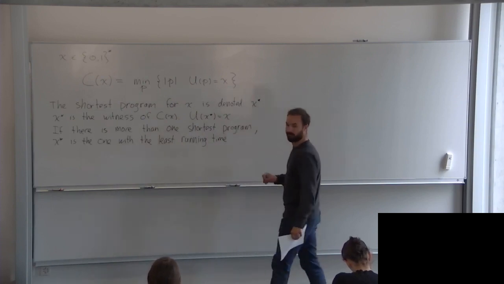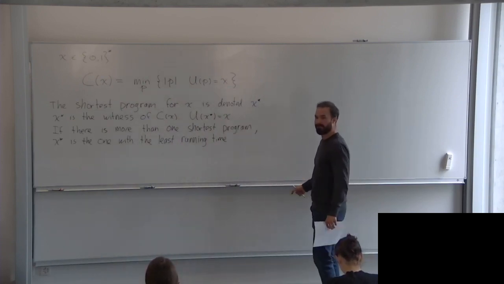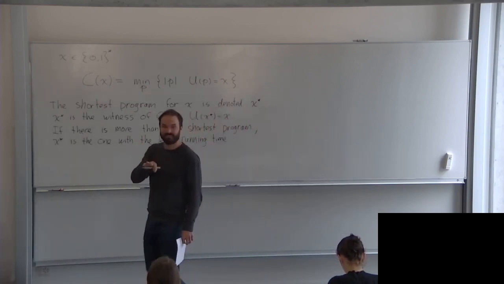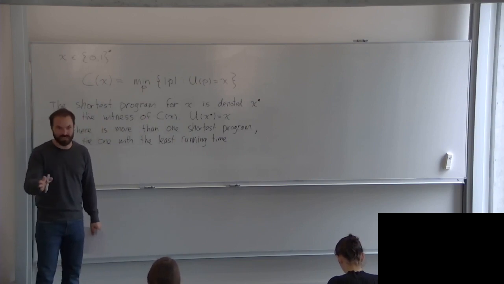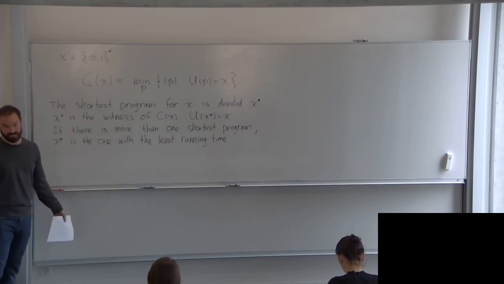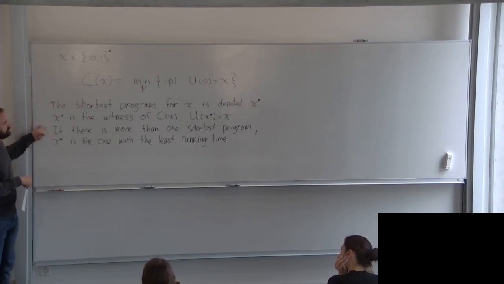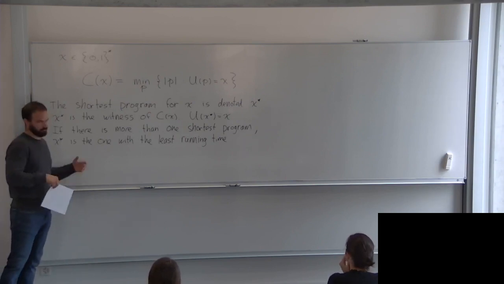So U of x star halts in the fewest number of steps. We could halt in the same number of steps as well. If that's the case, then I will take x star to be the first in lexicographical order. This will be my last resort. I cannot yet give the reason why, but take it for now that we need one way of defining x star in case there's a draw. It's going to come up eventually.